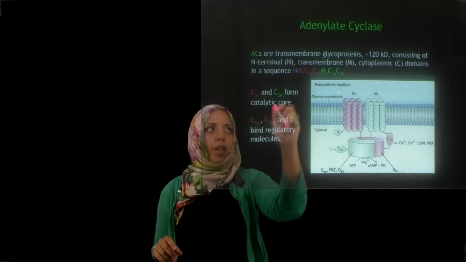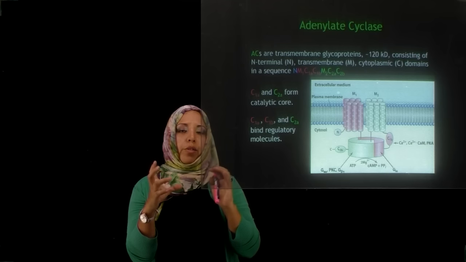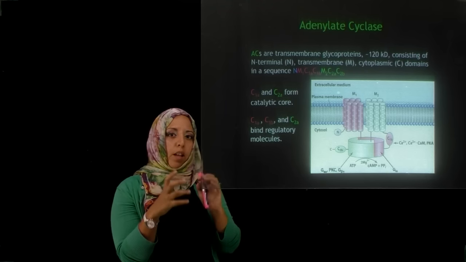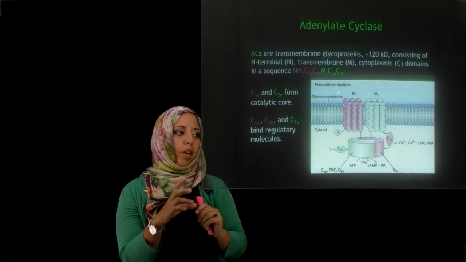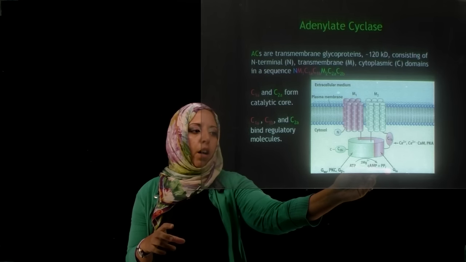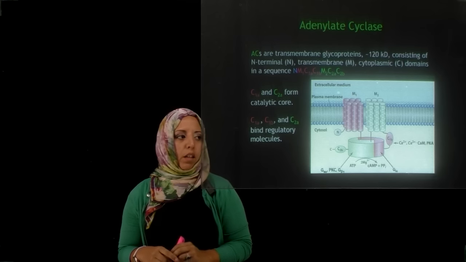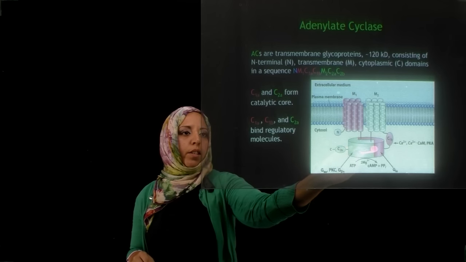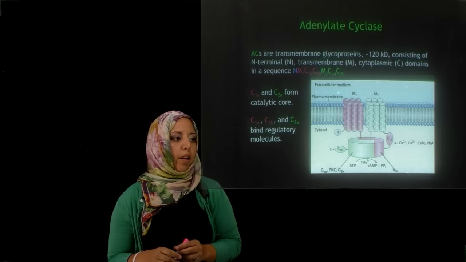And we'll see in a minute that adenylate cyclase is activated by one of the three subunits of the G protein binding to adenylate cyclase, and that is the alpha subunit of the G protein. It will bind to the C1a unit activating adenylate cyclase, right?